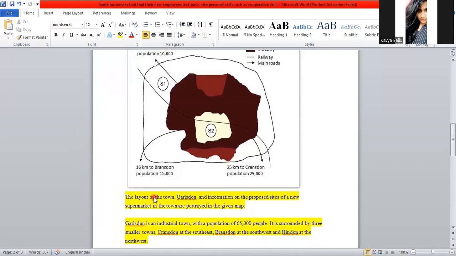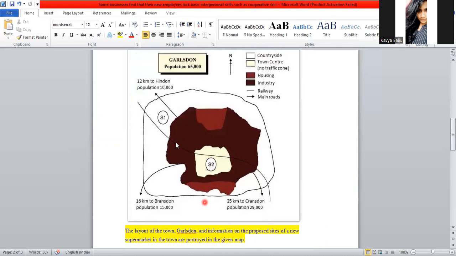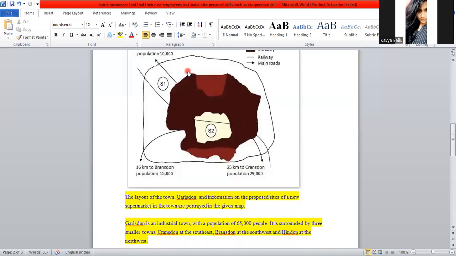Now let's go with the layout. What is Garlsdon? Garlsdon is an industrial town. You can see a major portion of Garlsdon has industries around. So it's an industrial town with a population of 65,000 people. You can see that here.